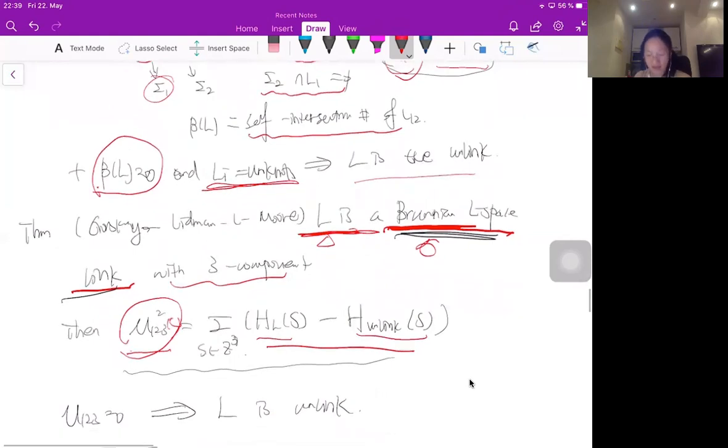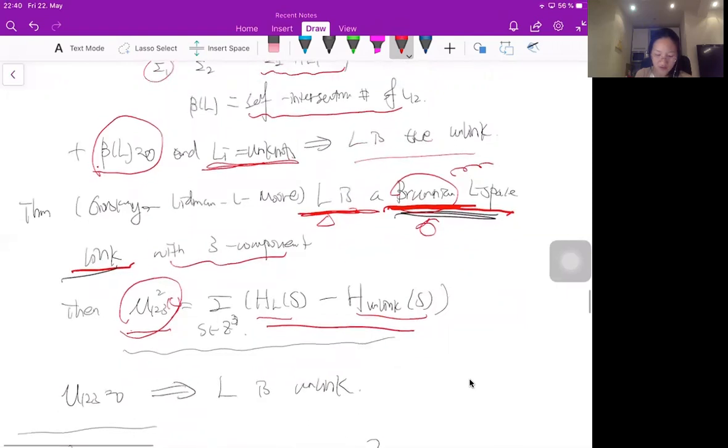This formula can actually be generalized for any 3-component L-space links. We can throw away the assumption of Brunnian, but the formula is complicated and not very practical when you compute. So I add the assumption of Brunnian to make this formula more explicit and easier to observe, and you can get some feeling for the relation between the H function and the Milnor triple linking number.